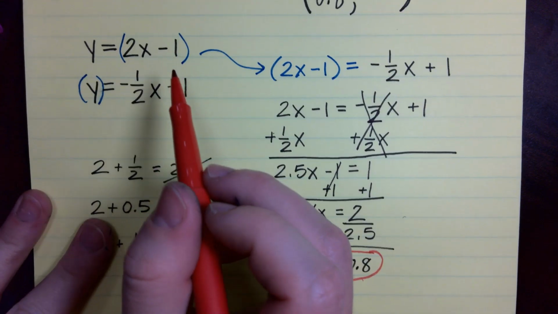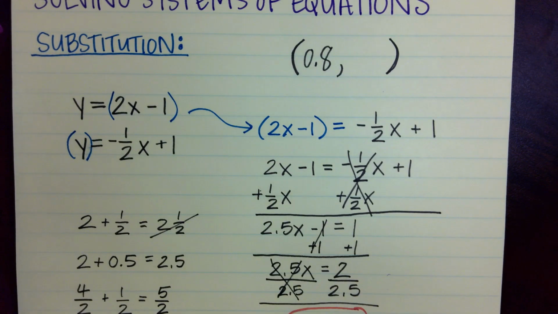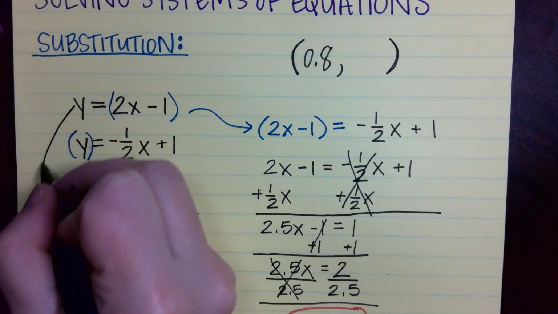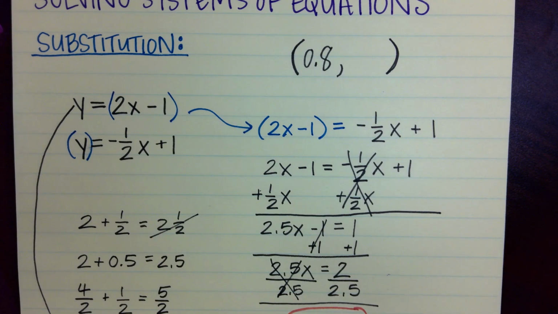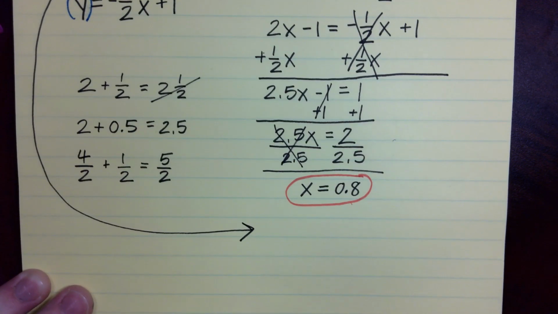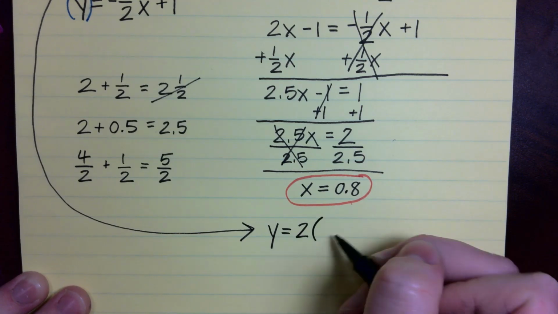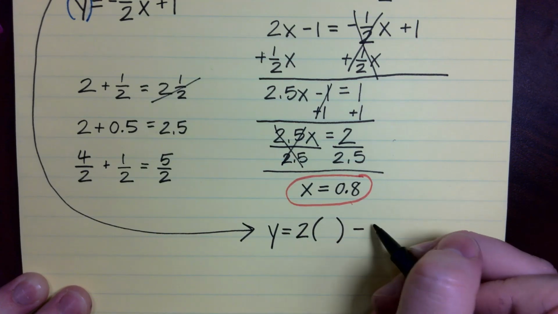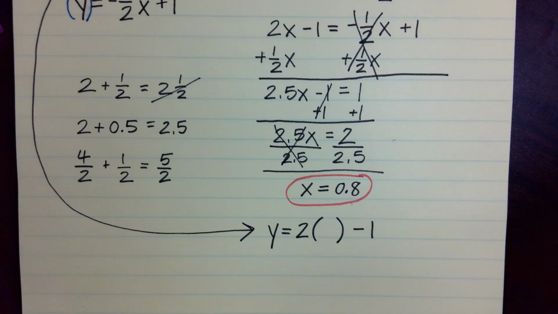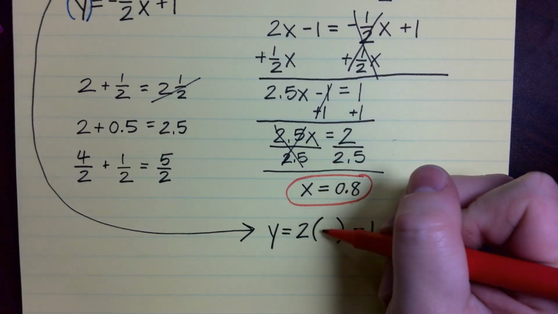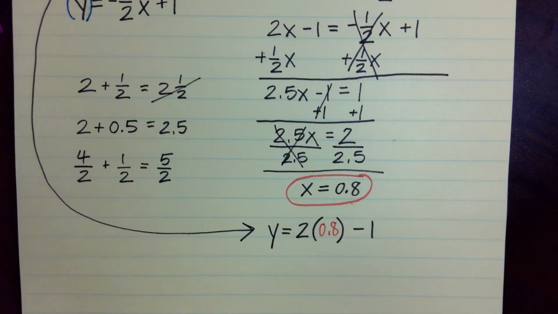So I'm going to draw a line and do it down here so I have room. y equals 2 times x minus 1, and my x is 0.8. Now all I've got to do is solve, and I'm going to have my y.